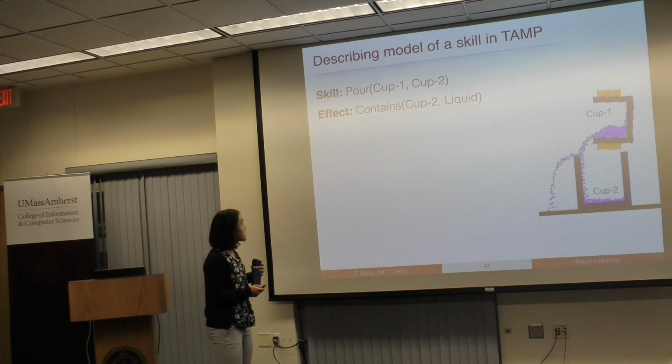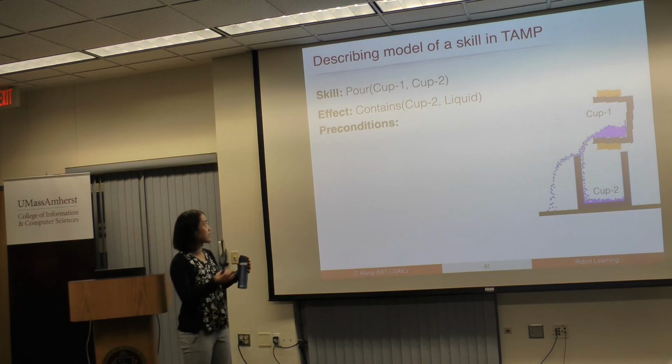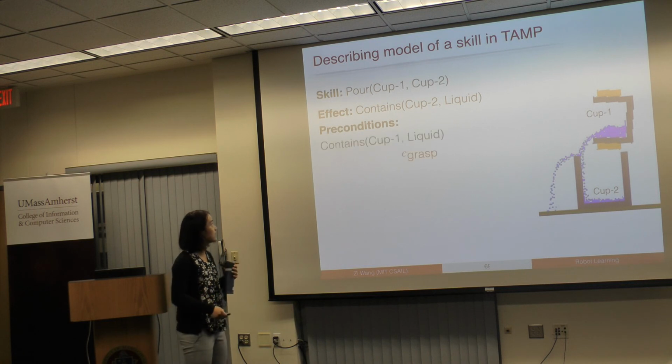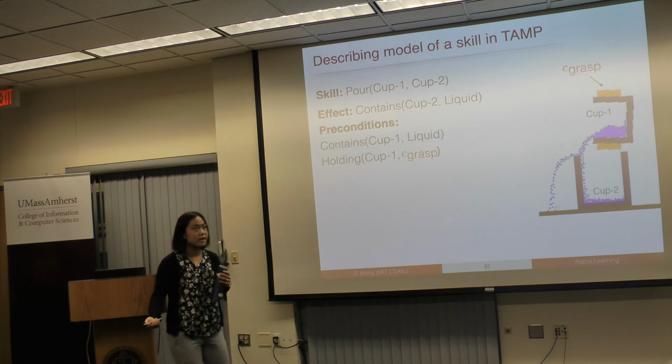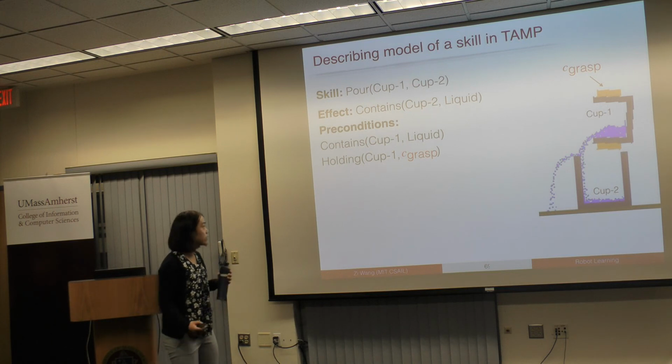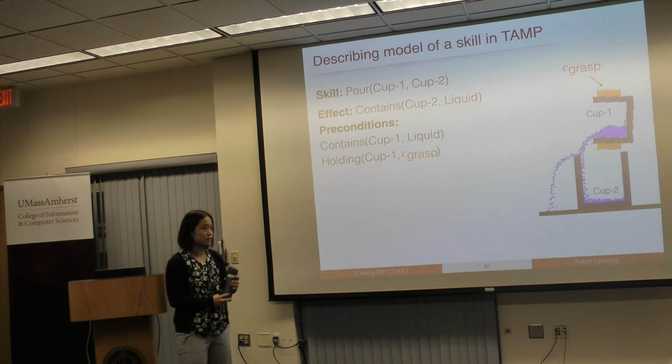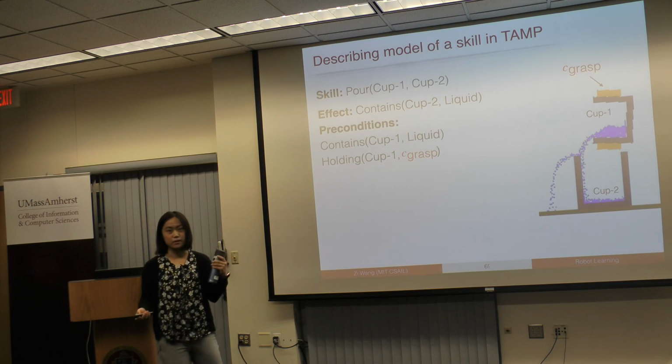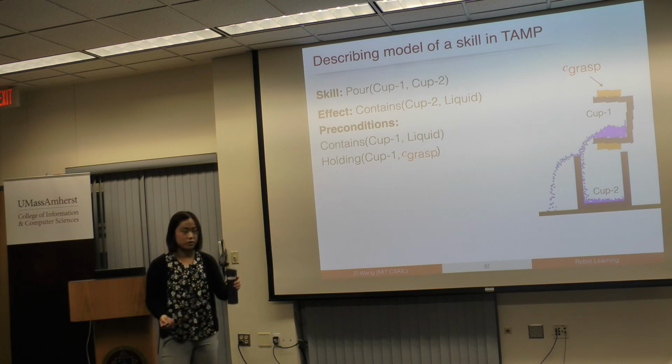So the desired effect is that we can pour into the right cup with the liquid in the original cup, right? But in order to achieve that effect, there are certain preconditions we need to satisfy, including the fact that the cup contains the liquid, obviously. The robot is already holding the cup.